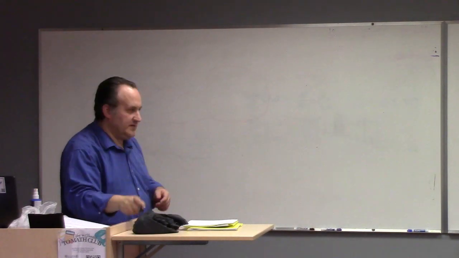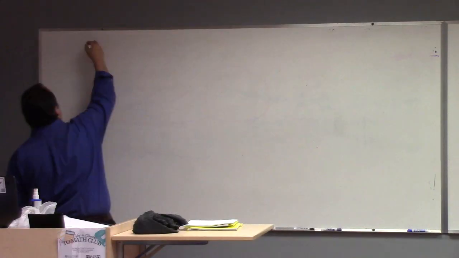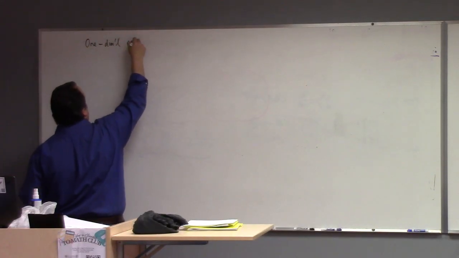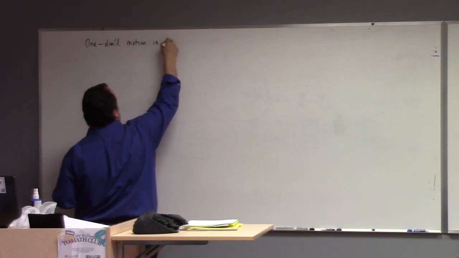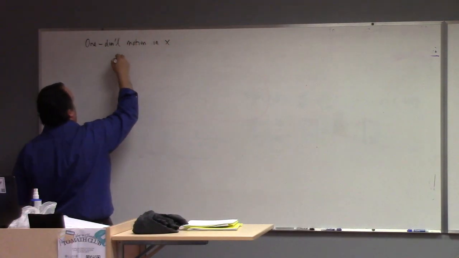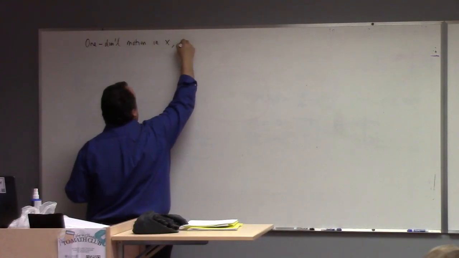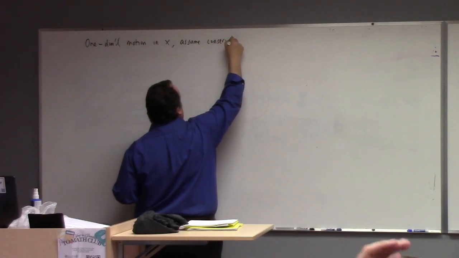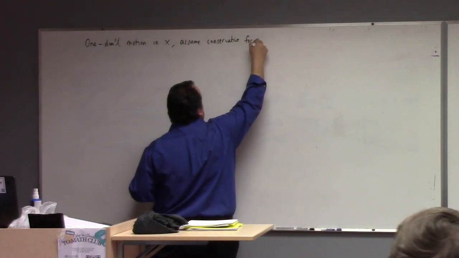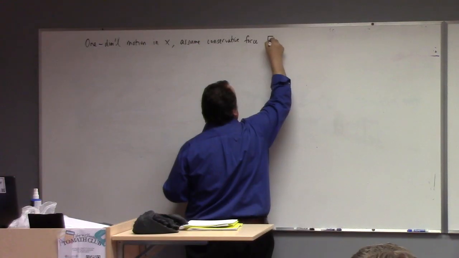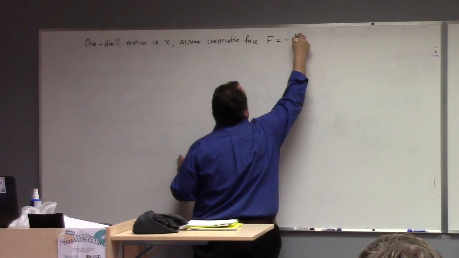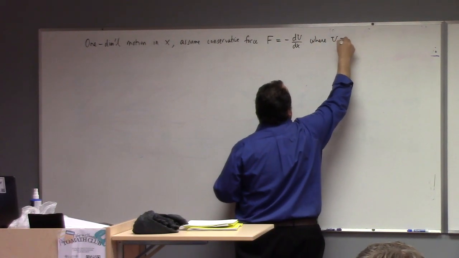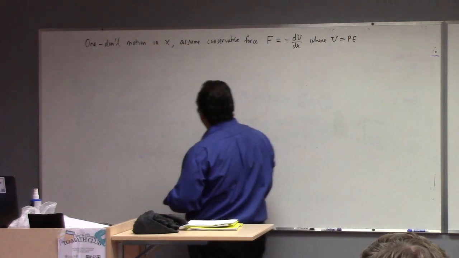All right, so let us think about one-dimensional motion in x, all right? And we'll assume a conservative force. So F is going to be equal to minus dU/dx, where U is, of course, the potential energy.